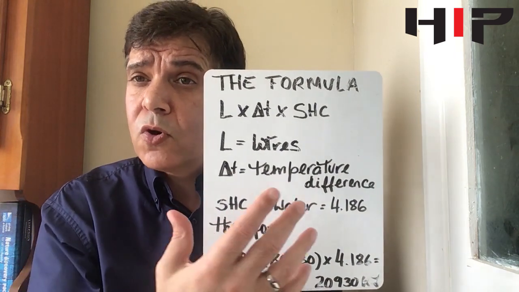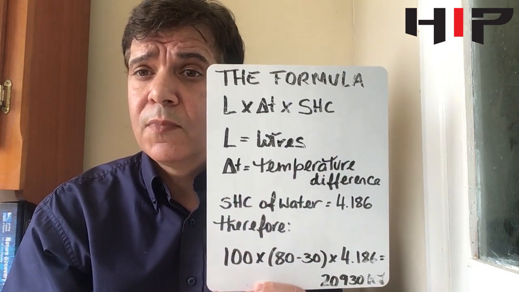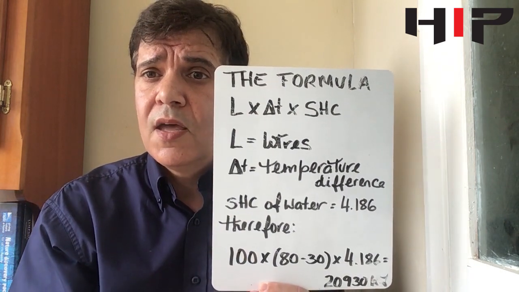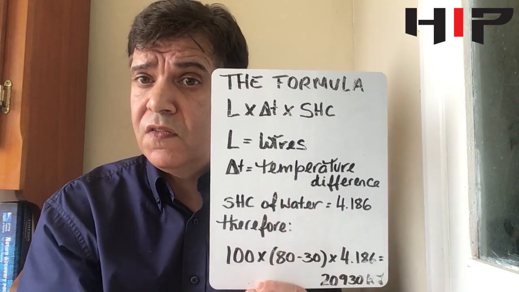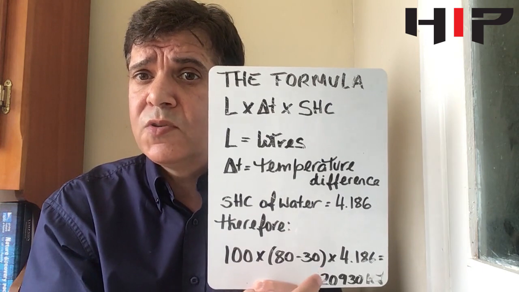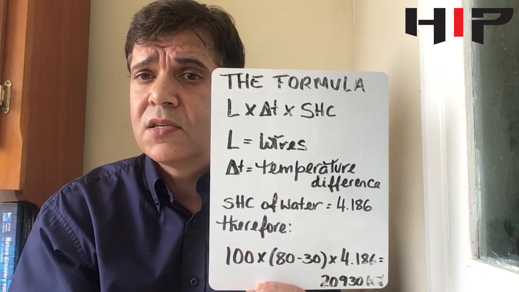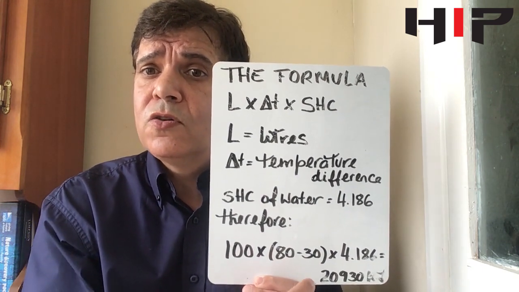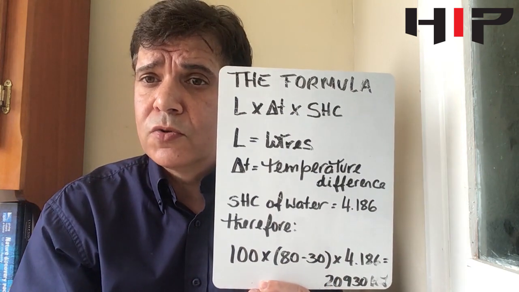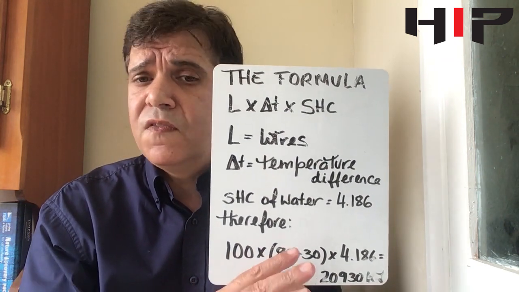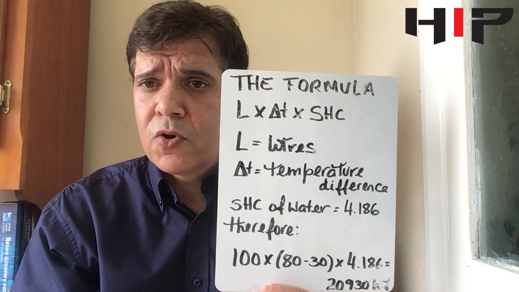To work out the answer, you have 100 liters times the temperature difference of 50, times 4.186, which gives you 20930 kilojoules. It's very simple to work out.